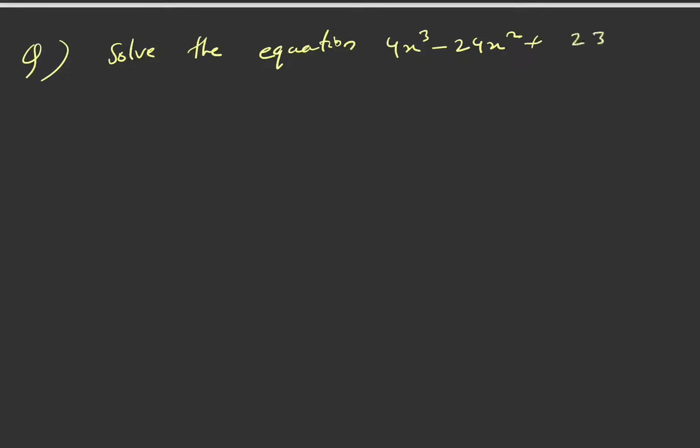Fine. So let us move forward. Let us take a question. If I give you, solve the equation 4x cube minus 24x square plus 23x plus 18 is equal to 0, given that the roots of this equation are in AP.